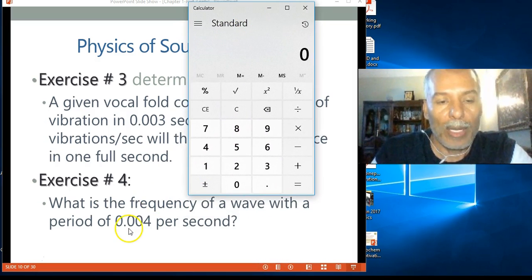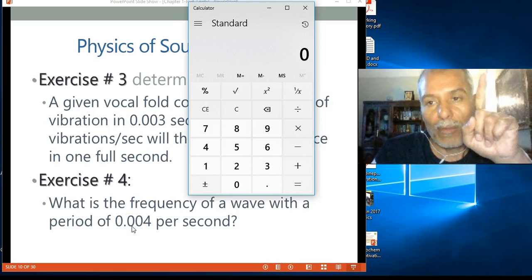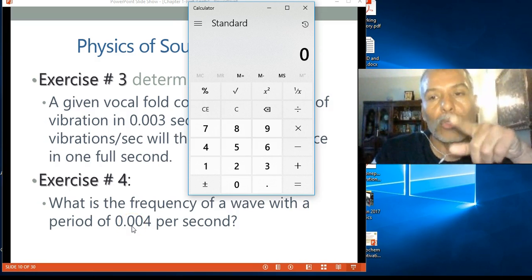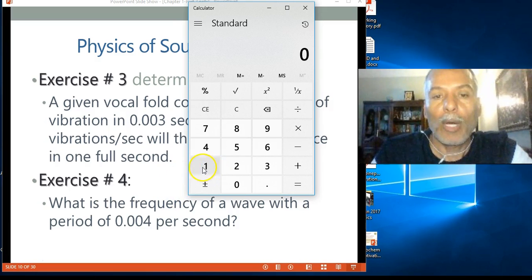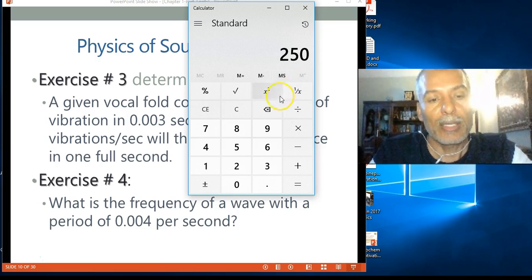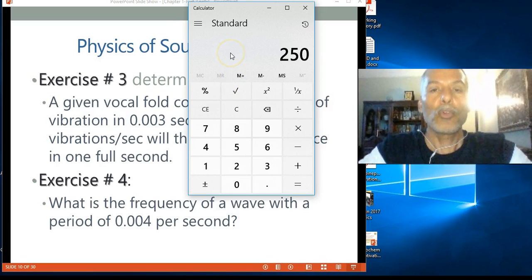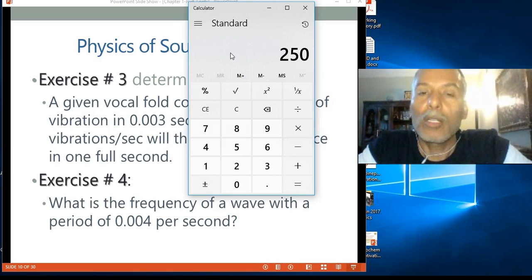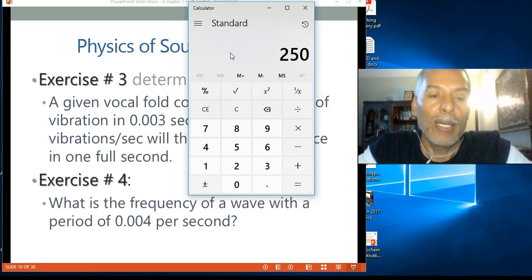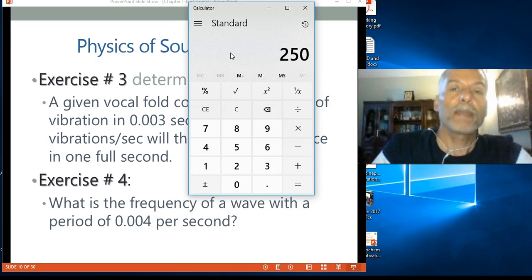I am given the amount of time for a single vibration. I'm looking for the total number for the frequency. So my equation is 1 divided by 0.004. And guess what? I get 250 vibrations per second. And I say, definitely, this is the voice of an adult, college age female, like between 18 and 22, 25.